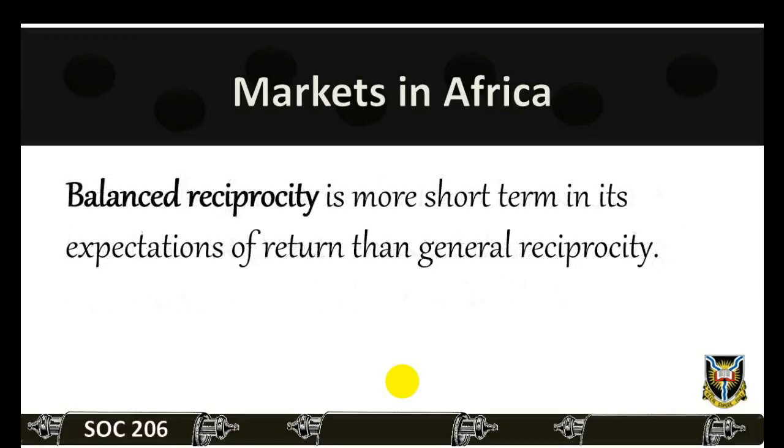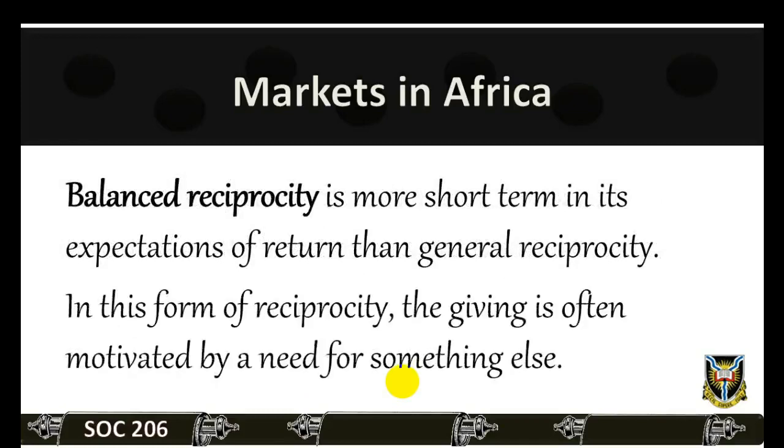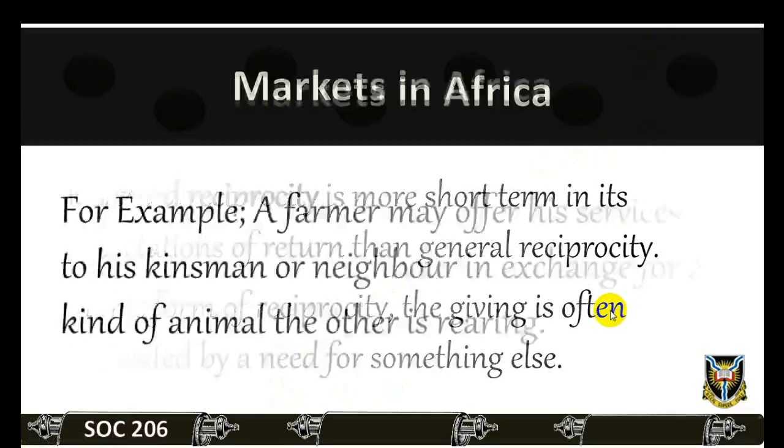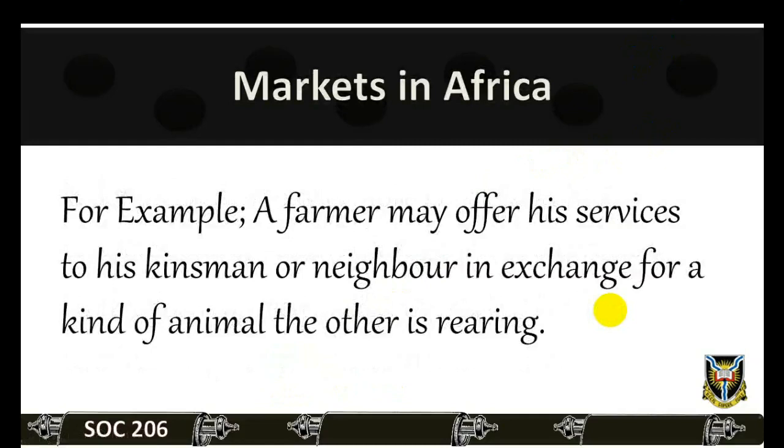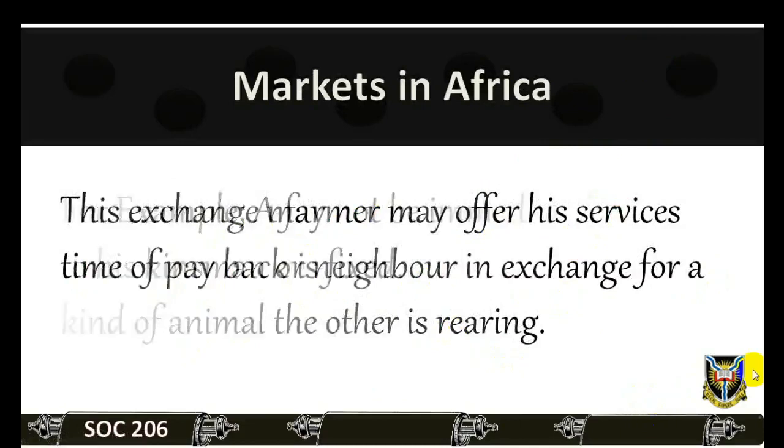Balanced reciprocity is more short-term in its expectation of return than generalized reciprocity. In this form of reciprocity, the giving is often motivated by a need for something else. To illustrate this, let us use farm work as an example. A farmer may offer his services to his kinsmen or neighbor in exchange for a kind of animal the other is rearing.